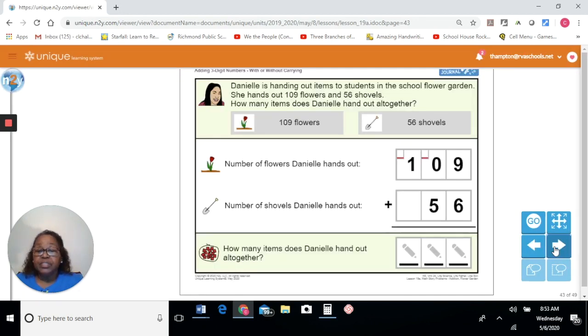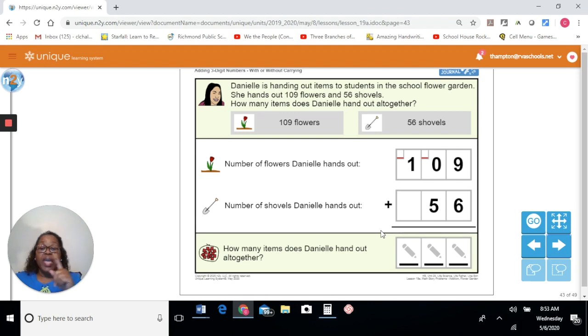All right, this time, Danielle, let's read. It's a word problem. Let's read it and make sure that this is set up correctly. Danielle is handing out items to students in the school flower garden. She hands out 109 flowers and 56 shovels. How many items does Danielle hand out altogether?